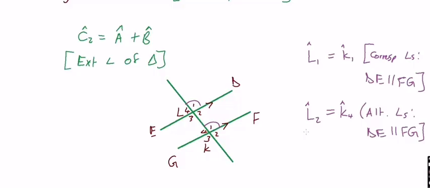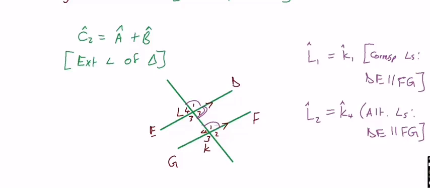And then we've got co-interior angles. Now the co-interior angles are not equal to each other. Co-interior angles are supplementary. K1 and L2 are co-interior angles because they are inside of parallel lines. That is why I'm using different symbols.